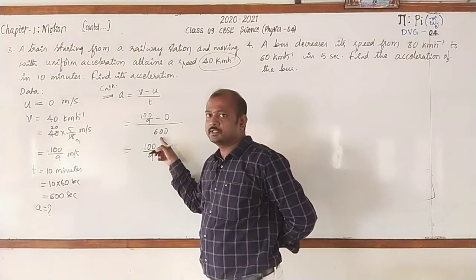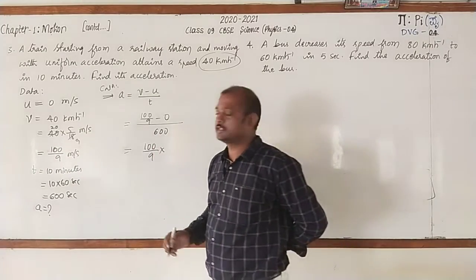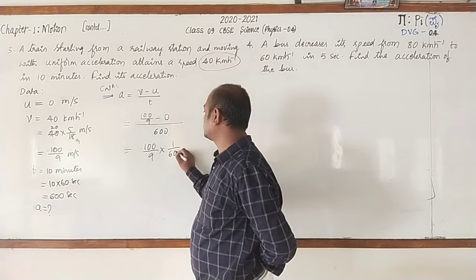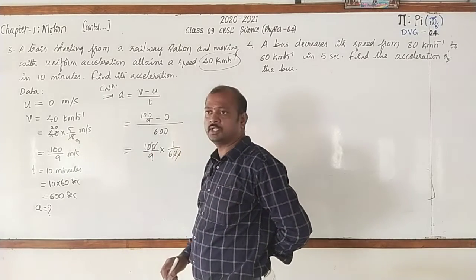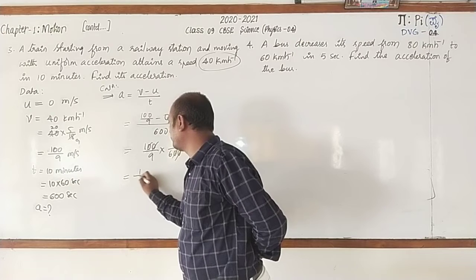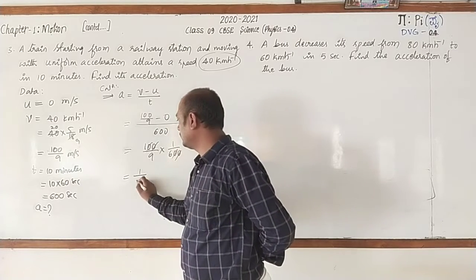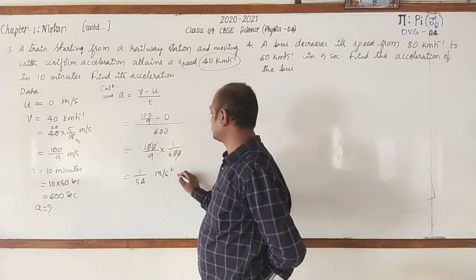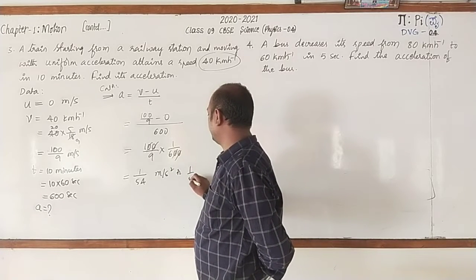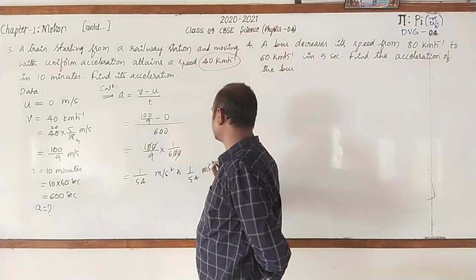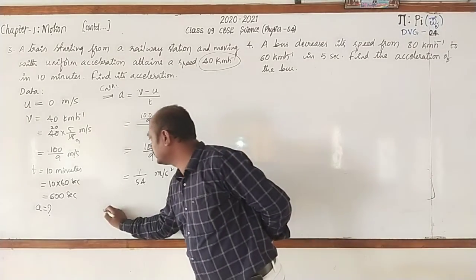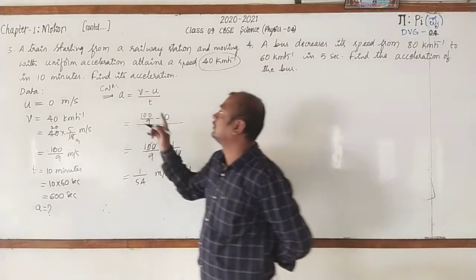In the denominator 600 is there. Take its reciprocal. 600 by 1 is 1 by 600. 0, 0 get cancelled. It is equal to 1 by 9, 6 are 54 meter per second square. Or you can also write 1 by 54 ms raised to the power minus 2. Clear? So this is the acceleration of a train.